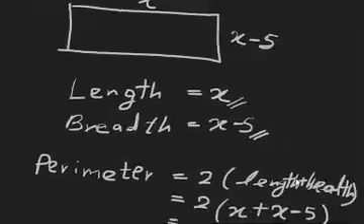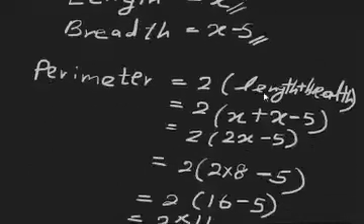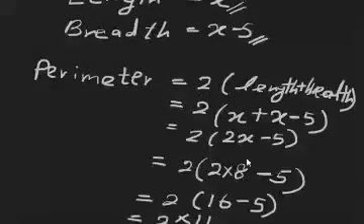Then I took the formula which we have learned earlier, 2 times length plus breadth. So length is x, breadth is x minus 5. Then I simplify this. Then I substitute 8 here. On behalf of x, I put 8.